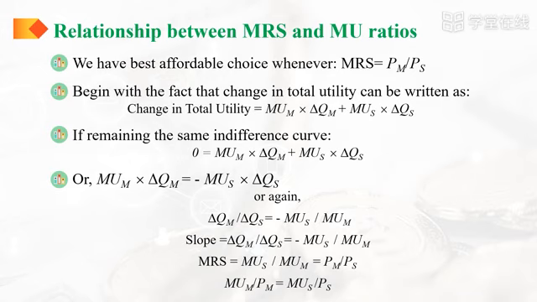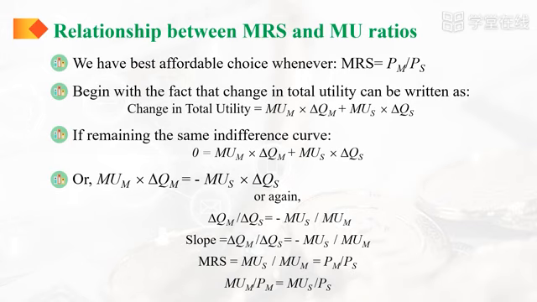Now divide both sides of this equation by delta Qm and also divide both sides by marginal utility of soda to obtain delta Qs over delta Qm equals minus marginal utility of movie over marginal utility of soda.